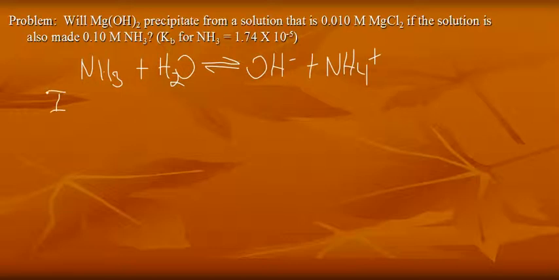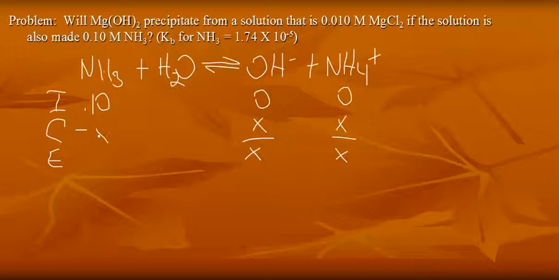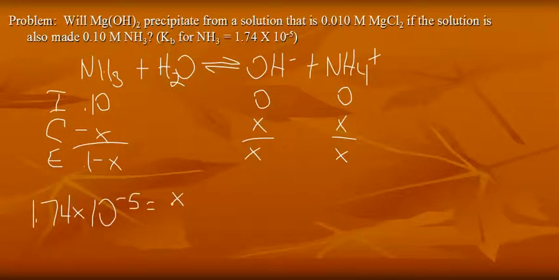If we go back to our weak base problem, NH3 is 0.1 initially. Products are 0. We're just going to have to use x's. And we can set up a Kb expression. Kb, we're given 1.74 times 10 to the negative 5, and that's going to be equal to x times x, and we can do the shortcut, divided by 0.1.